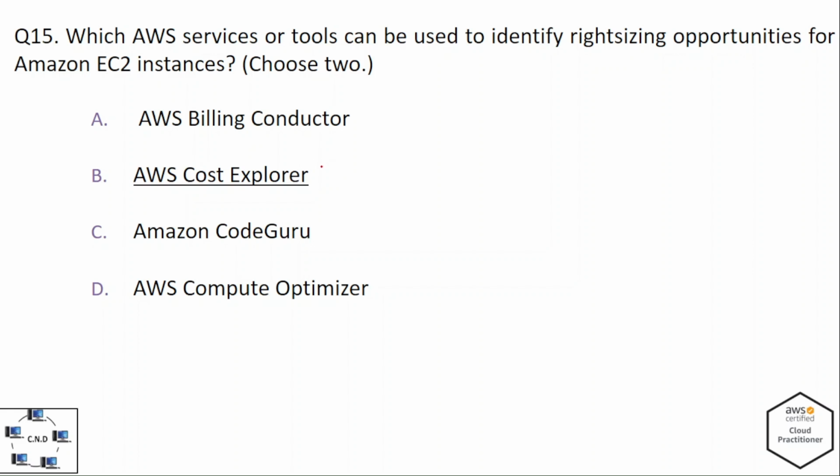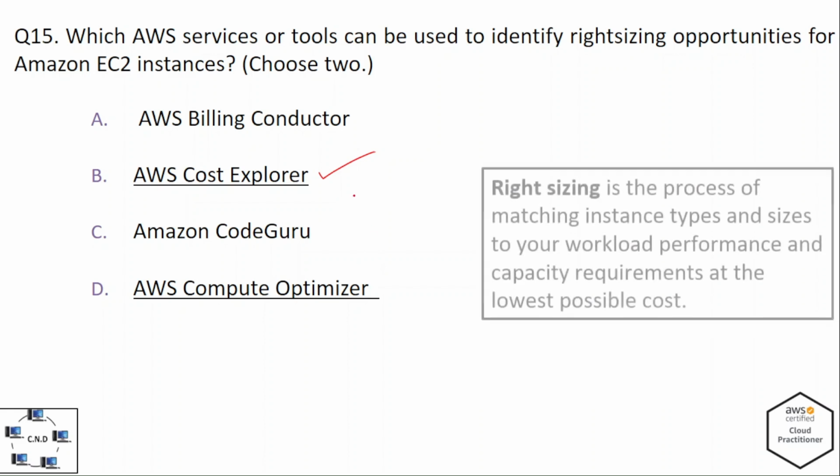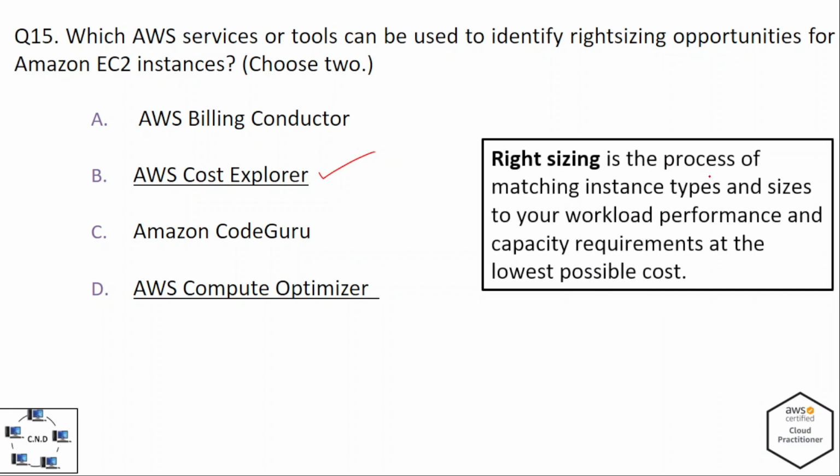And the correct options are, the first correct option is AWS Cost Explorer, and the second is AWS Compute Optimizer. So right sizing is the process of matching instance types and sizes to your workload performance and capacity requirements at the lowest possible cost.